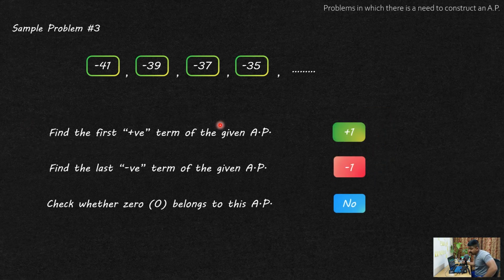So from this AP, we can answer these three questions. First positive term of the given AP, plus 1. Last negative term of the given AP, minus 1. And check whether 0 belongs to this AP or not. So, no, it does not.